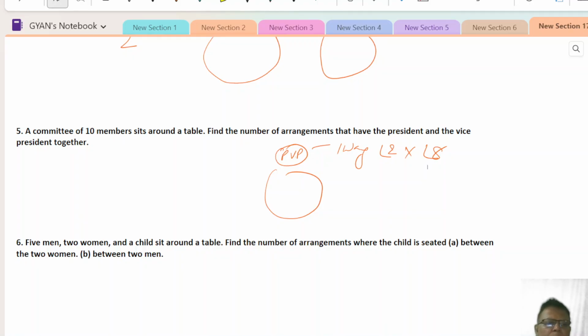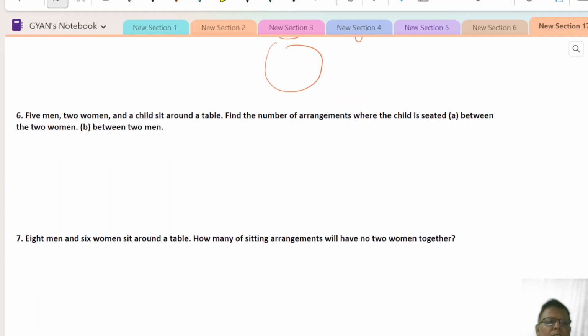Now come to question number 6. 5 men, 2 women, and a child sit around a table. Find the number of arrangements where the child is seated between 2 women. So first you fix this child. This child is sitting here.